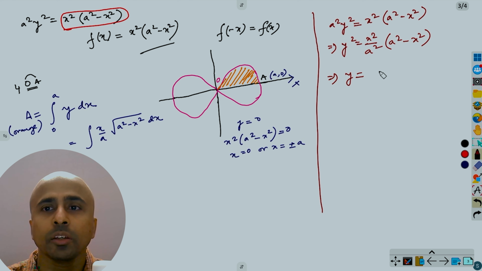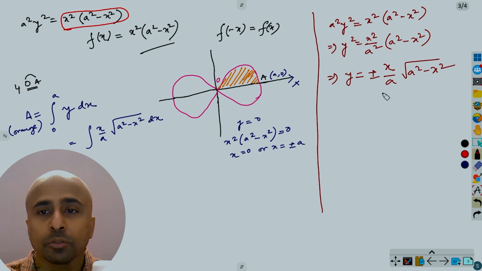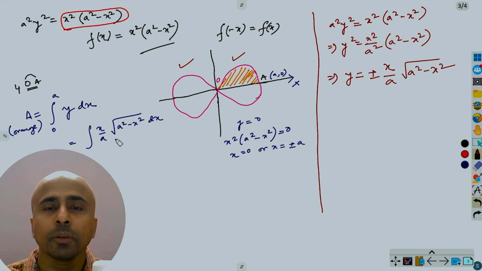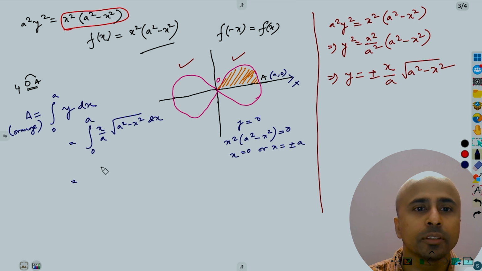Now this means y equals plus or minus (x by a) times the square root of (a squared minus x squared). So y has two different values, one with a positive sign and another with a negative sign. One is for this part and another is for this part. Since we are interested only in this part, and we know that in the first quadrant y is positive, y will be (x by a) times the square root of (a squared minus x squared). We will not take the negative value. The lower limit is 0, the upper limit is a.